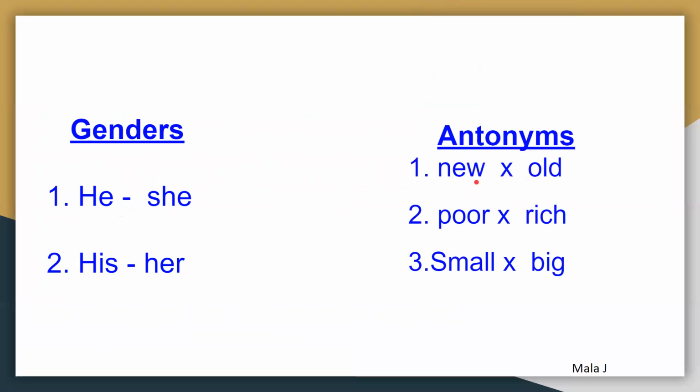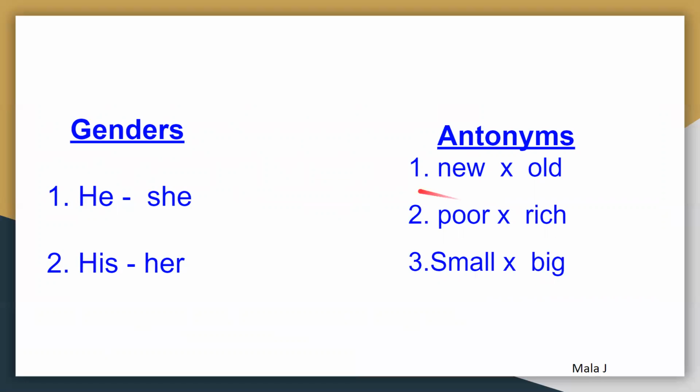Antonyms: new, old. N-E-W, new. O-L-D, old. Poor, P-O-O-R, poor. R-I-C-H, rich. S-M-A-L-L, small. B-I-G, big.